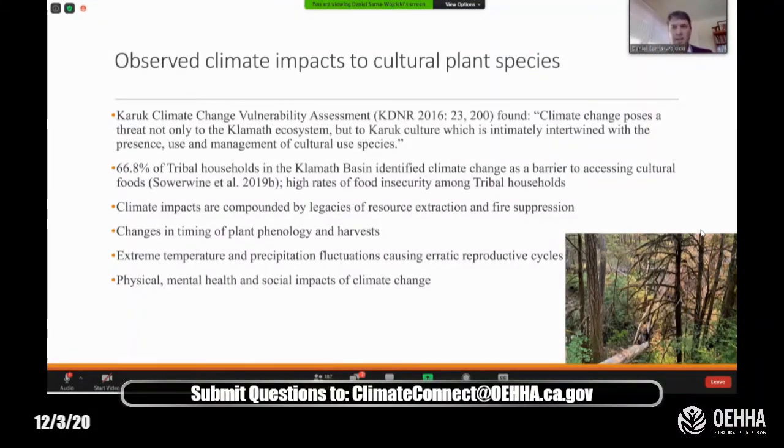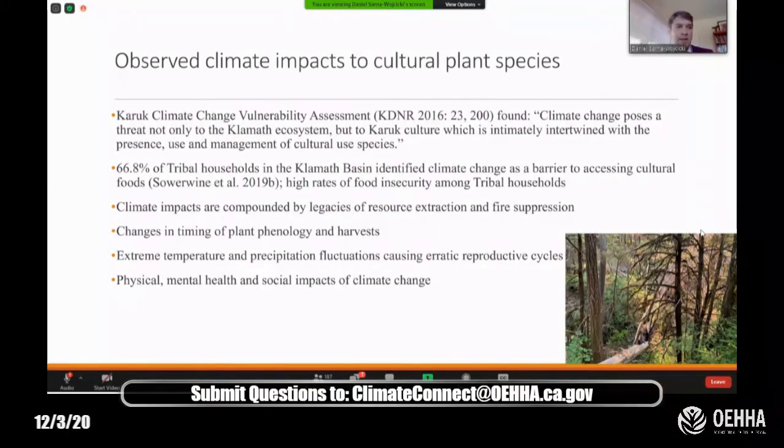I think it's also important to note, as has been alluded to by many of my fellow presenters, that this high vulnerability to climate change is in many ways also compounded and intensified by the legacy of resource extraction and mismanagement, fire suppression, and just the cumulative ecosystem and water quality degradation over the past couple hundred years.